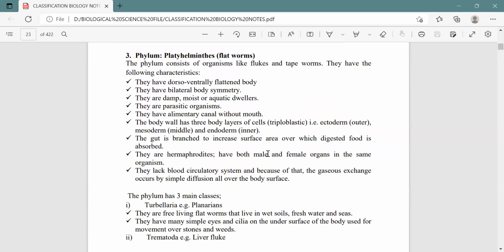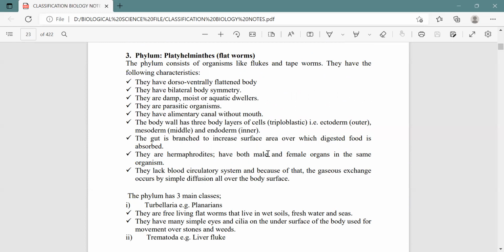Going to this one, which is read as Platyhelminthes. Platyhelminthes are the flatworms.